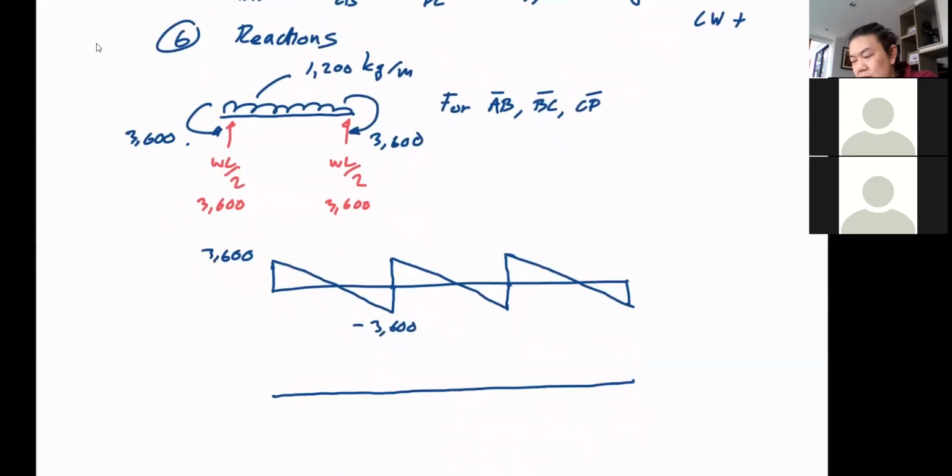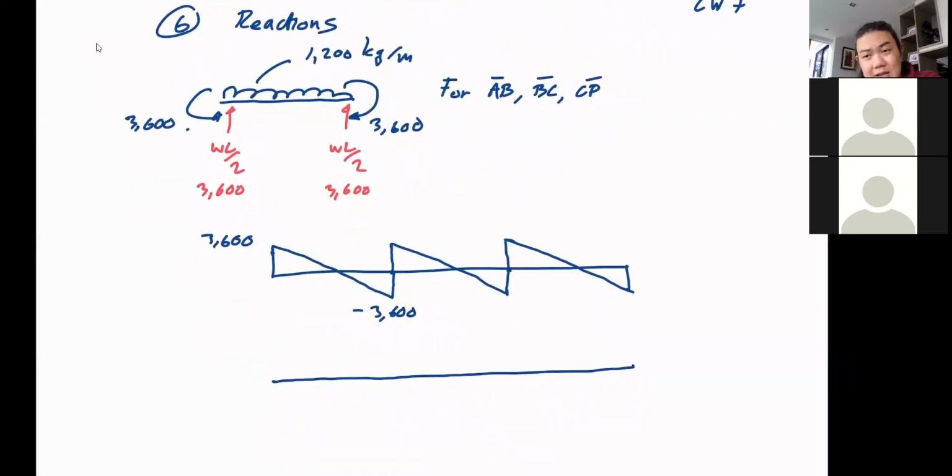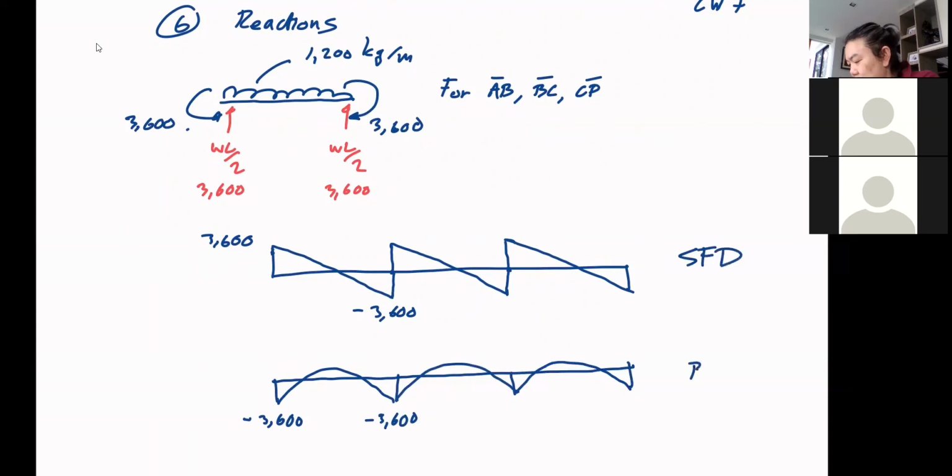So when you draw the bending moment diagram, you must use the sign convention for bending moment diagram, right? And when you have this, it's frowning beam. So that is negative moment. Minus 3600, minus 3600. And the same here. Shear force diagram, that's bending moment diagram. The end of the problem.